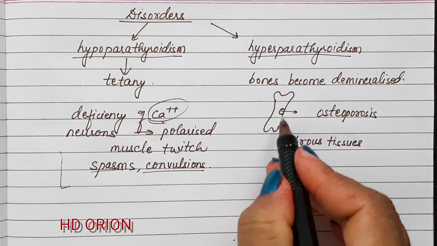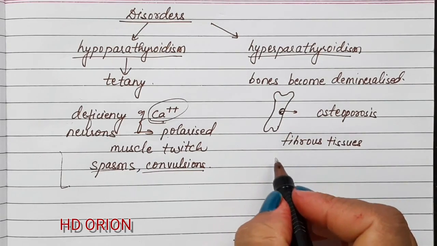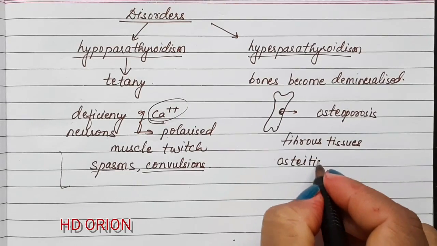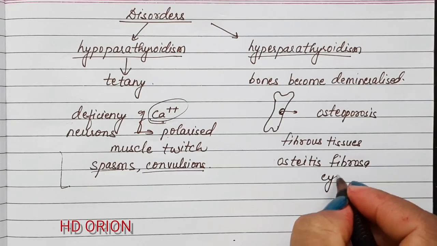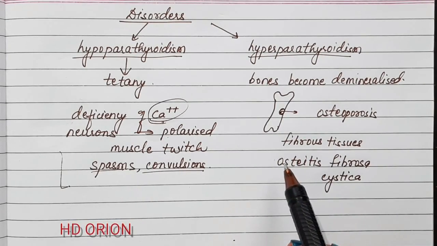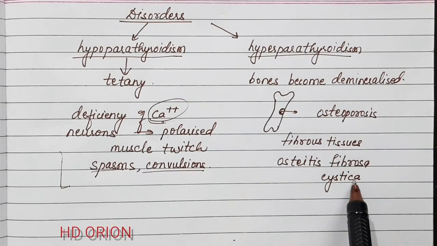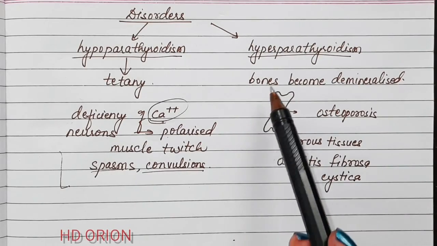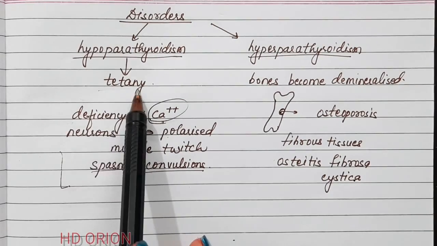So the fibrous tissue gets filled up over here, and this leads to a lot of cyst formation, which is called as osteitis fibrosa cystica. This causes a lot of pain, and the bones usually become very weak. So osteitis fibrosa cystica is the disorder in the bones which is caused due to over secretion of parathormone, and when it is secreted less, it is the tetany.